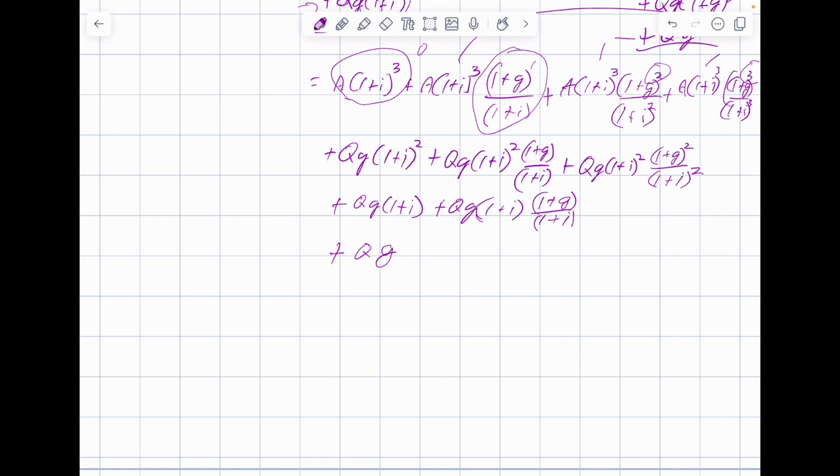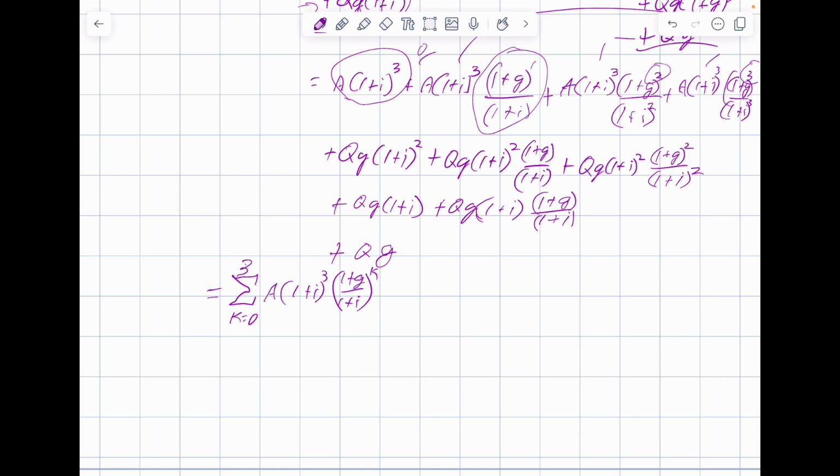So let's rewrite this in summation form. So that would be the summation k equals 0 to 3 of a, the constant term here, 1 plus I to the third times 1 plus G over 1 plus I to the k power.